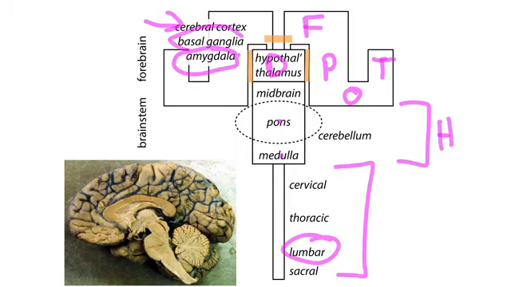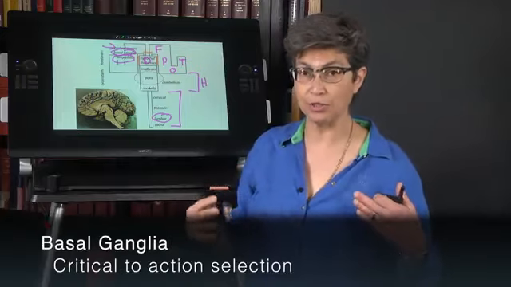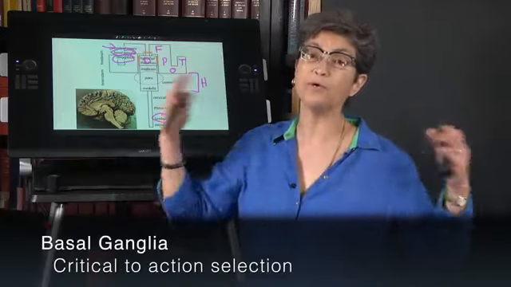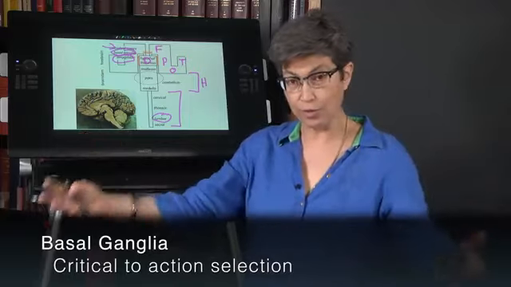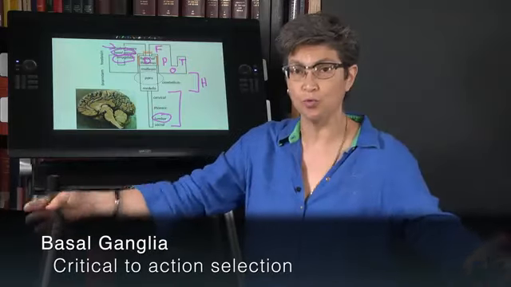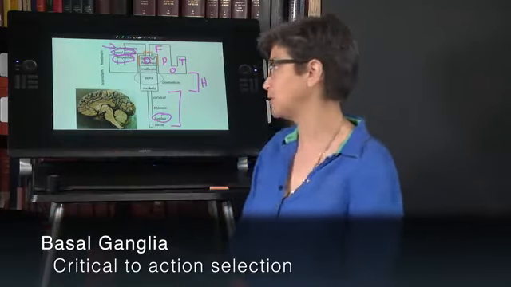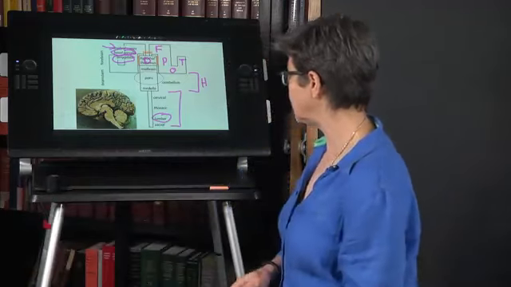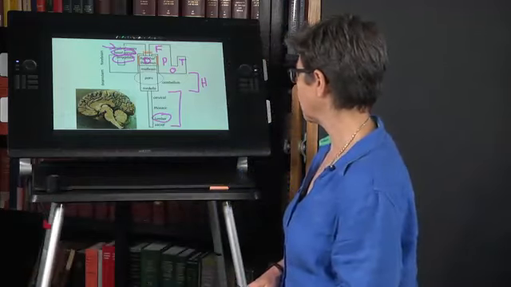And the basal ganglia, which is very important for selecting our actions, deciding what of the myriad things that we could do right now are we going to actually do? What are we going to do with our limited number of muscles? The basal ganglia is very important for that. Great.